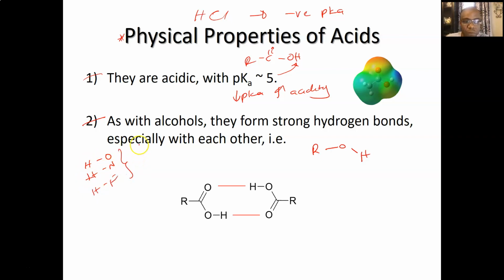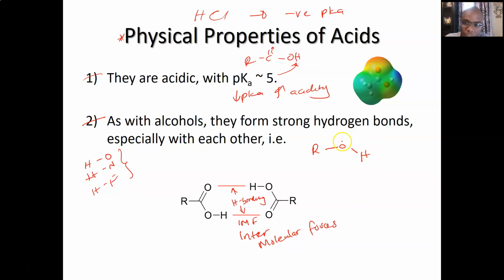Those are the bonds you look for in a molecule to decide whether you make hydrogen bonding between two molecules using intermolecular forces. So what you're looking at here is hydrogen bonding. And they are IMFs because you have two molecules, so it's intermolecular. They exist between two molecules: intermolecular forces, IMF.